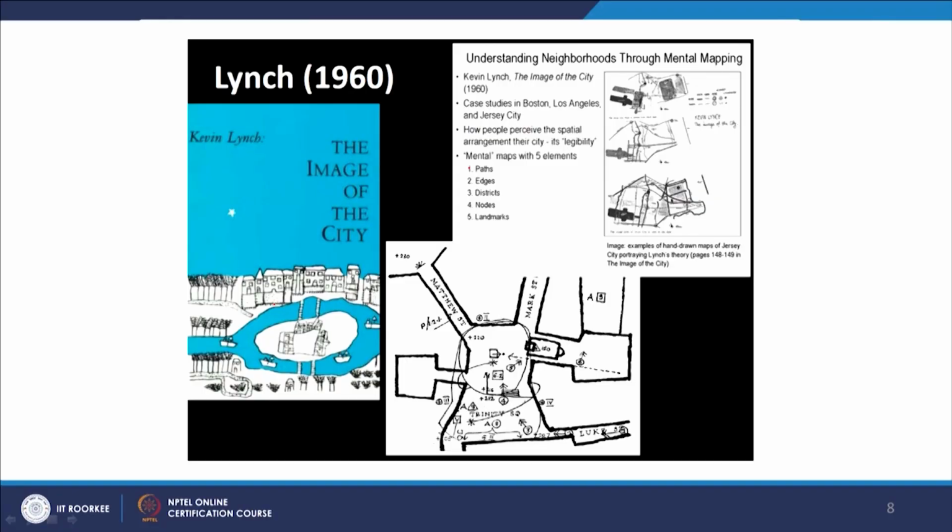Now, when we talk about these distinctive morphologies, when we talk about how one can understand a space, or how one can show their attachment to the place and how it is legible to one's understanding, I take us back to Kevin Lynch and his important contribution, The Image of the City.